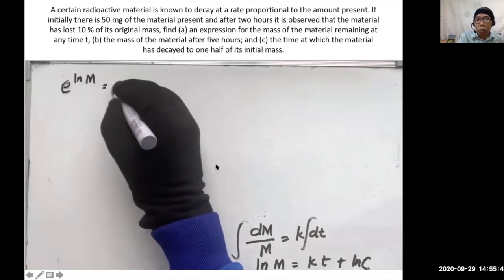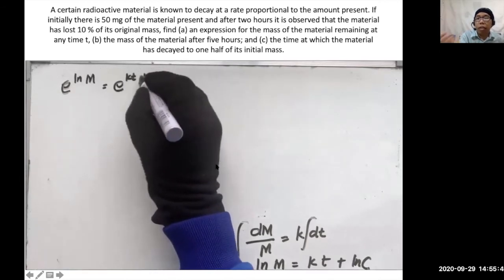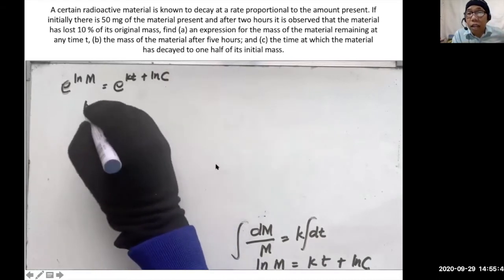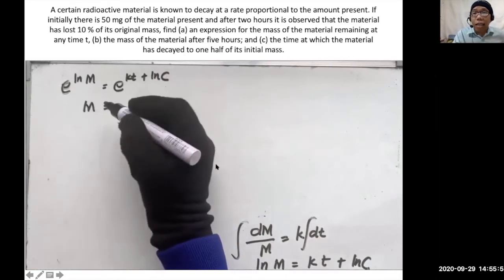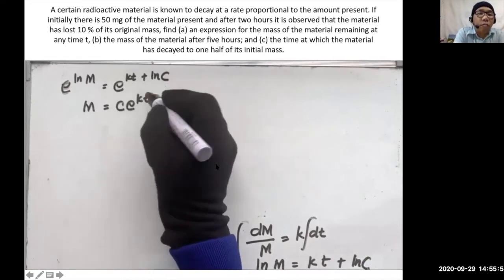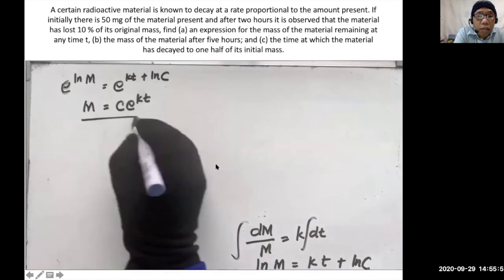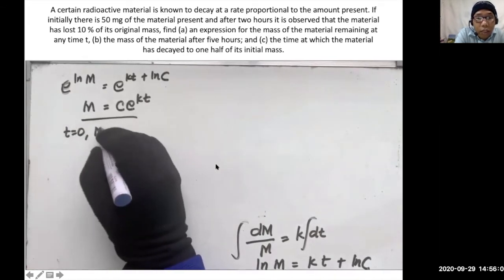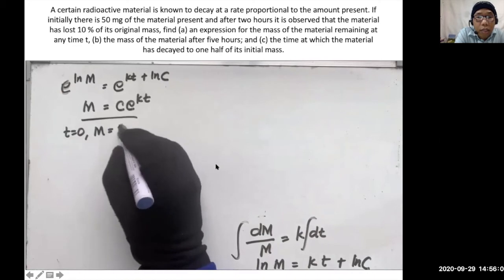Again, we utilize the same equation as the first problem, but we're expecting to have a negative value of k since it is decaying, decreasing, or decomposing. So for us to be able to solve for M, we get the anti-ln of both sides of the equation. That's why we have M equal to c e raised to kt.